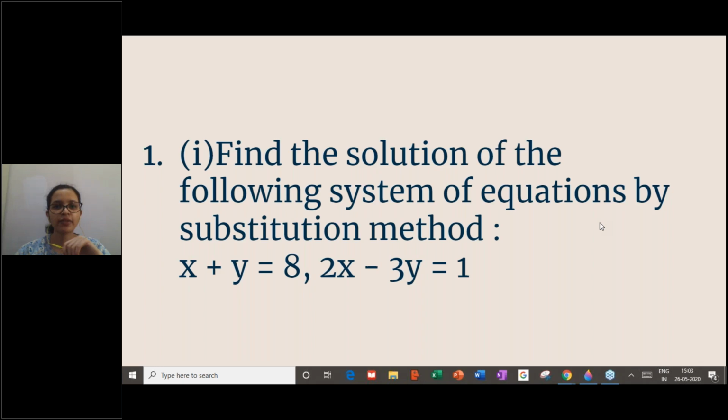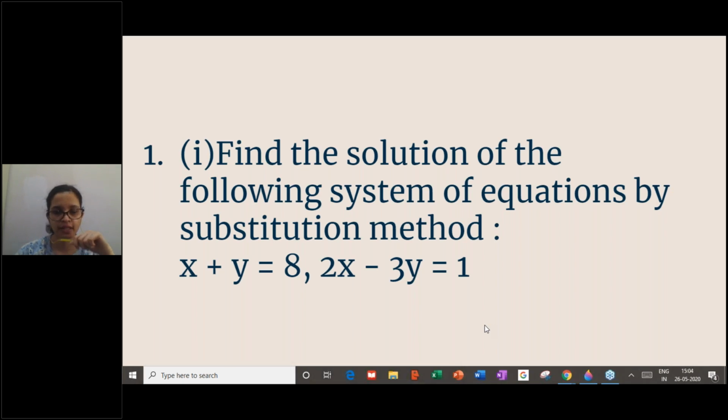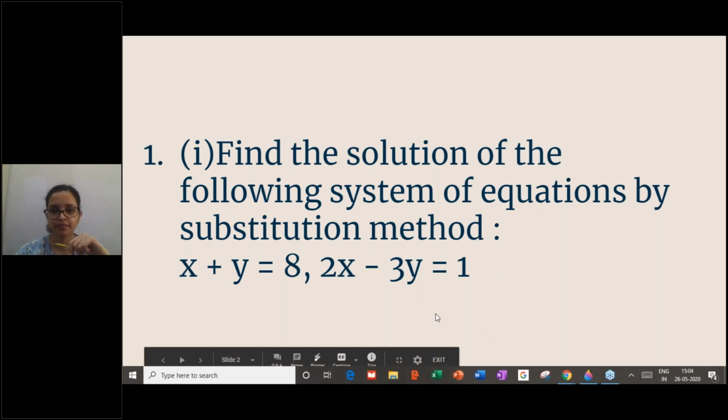The first question: find the solution of the following system of equations by substitution method. In case anybody needs a recap, substitution method is one where you use one of the equations and write the value of either x or y in terms of the other and substitute it in the second equation to get the values of both x and y.